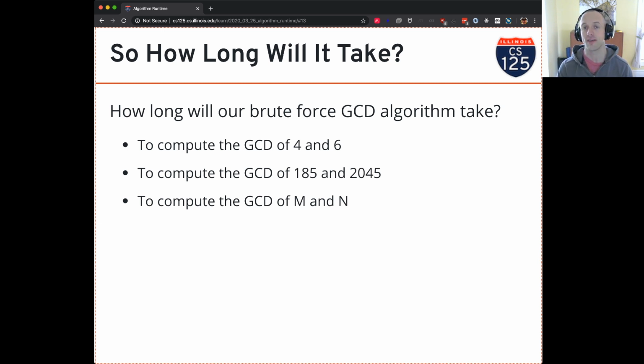We sometimes call that the best case scenario. The algorithm runs really fast, in this case, if the GCD is one of the two numbers that I'm trying. And really slow, which in our brute force algorithm is the case where the two numbers are relatively prime. So they don't have any common factors, and the GCD is 1, because I have to start at the minimum of the two and work all the way down, right?